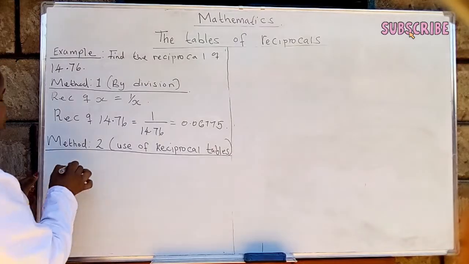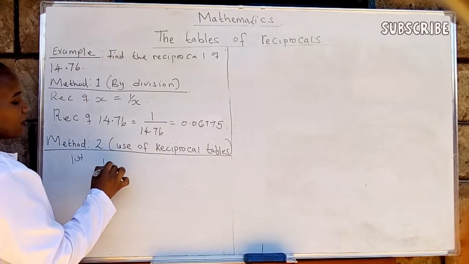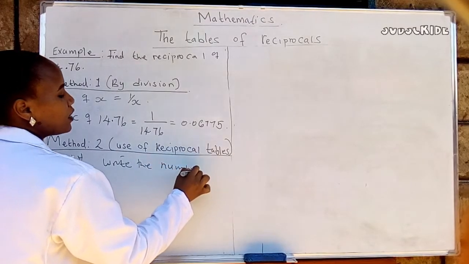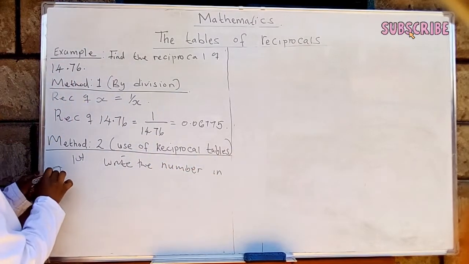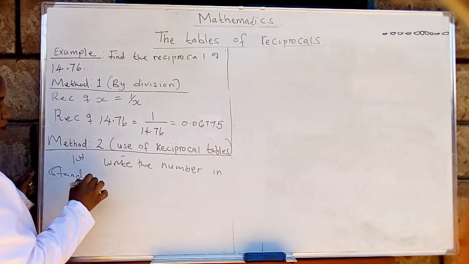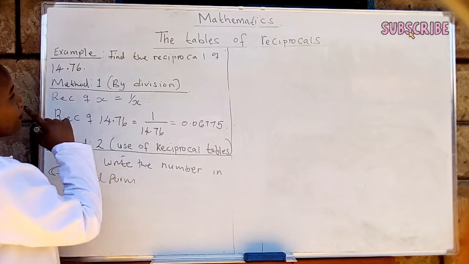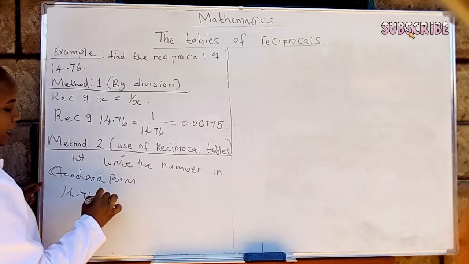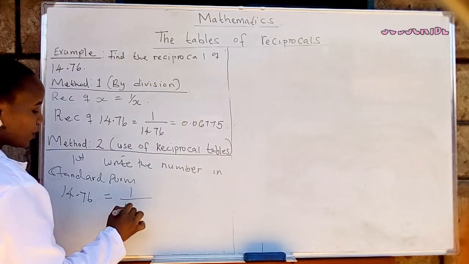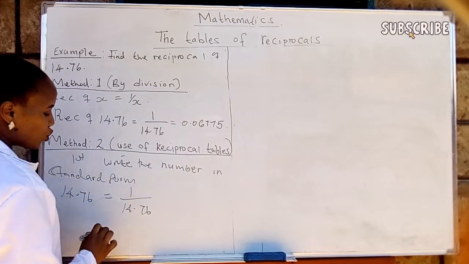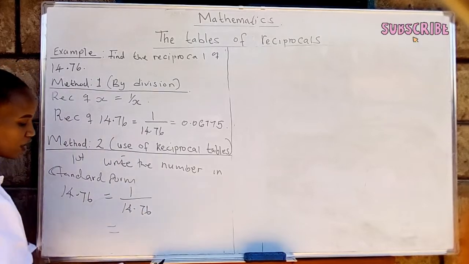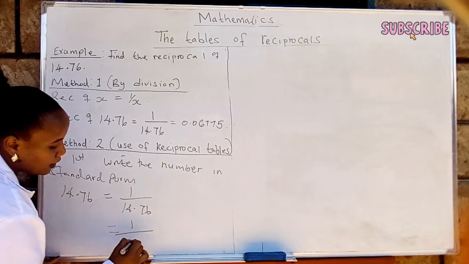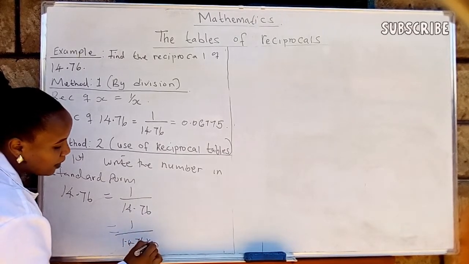So the first step is to write the number in standard form. And this number will be, so 14.76, its reciprocal is 1 over 14.76, which should be written in standard form such that now we shall have 1 over 1.476 times 10 power 1.